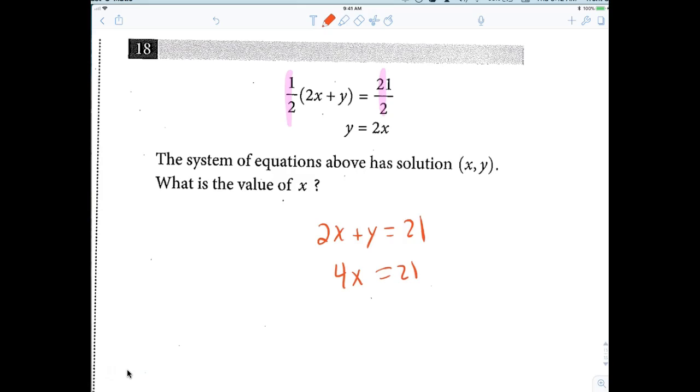So x equals 21 over 4. I'm trying to show you how that was a quick, easy way to do that problem. All I did was substitute in for y the 2x, and obviously 2x and 2x is 4x. Yes, good.